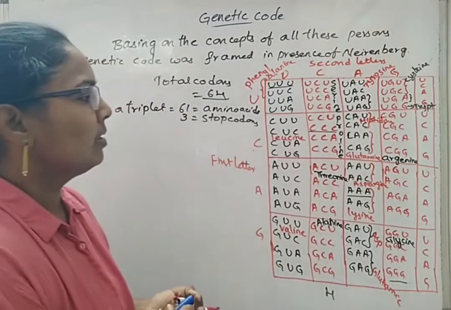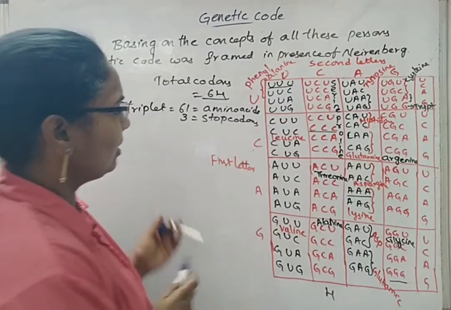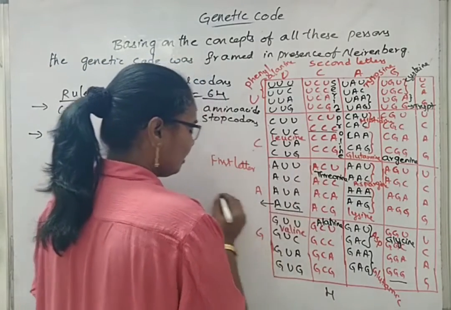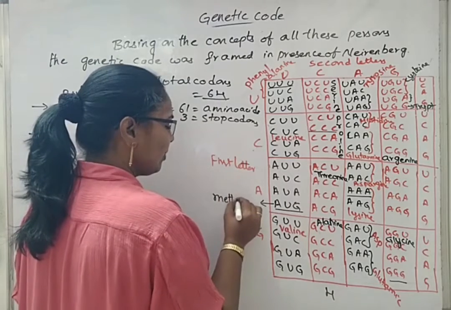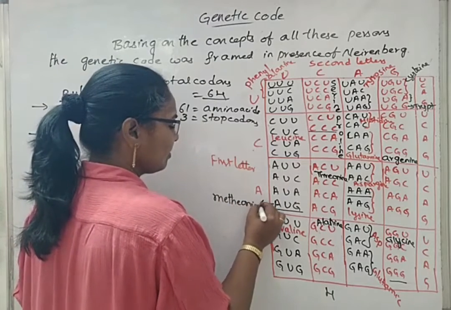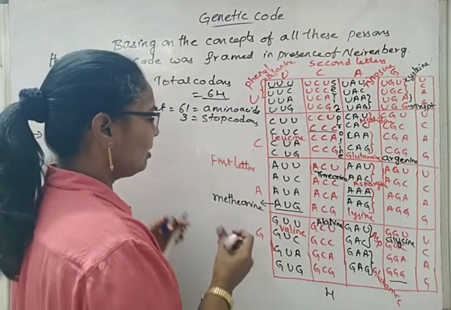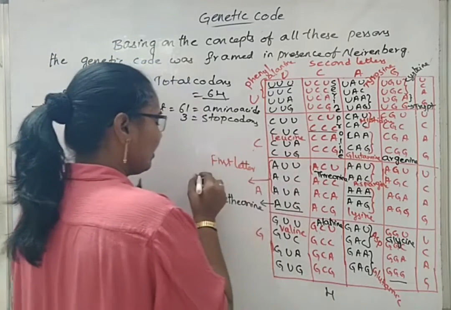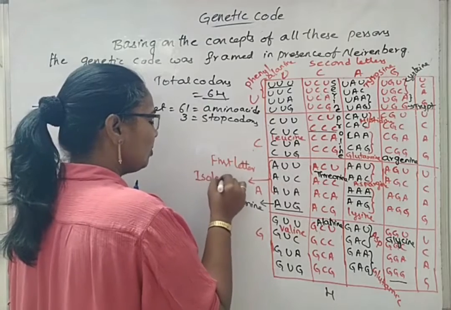So here we are seeing, okay. Now, what is this coding for? This one is nothing but the methionine coding sequence, that is the starting codon, AUG. But the remaining three are coding for isoleucine.